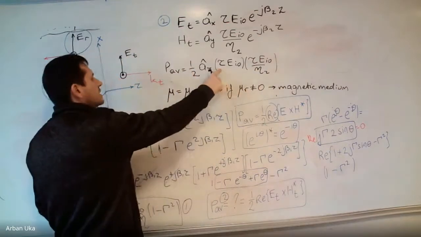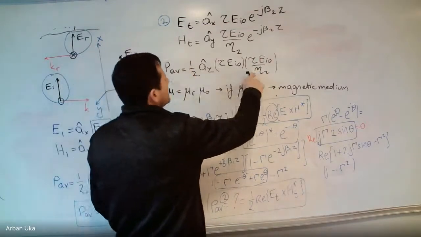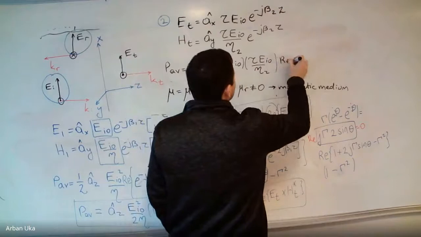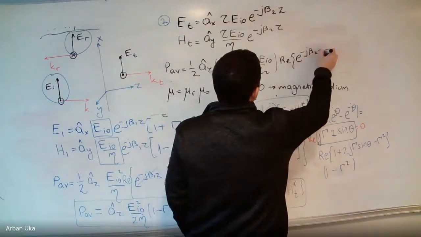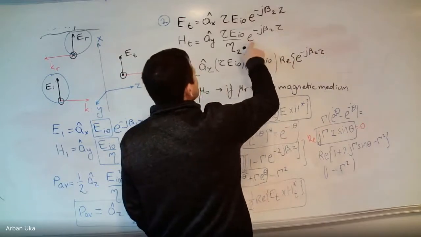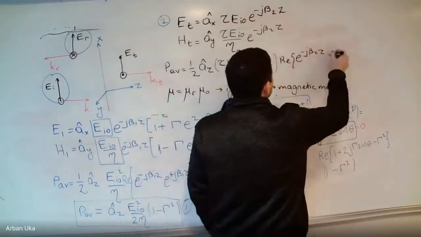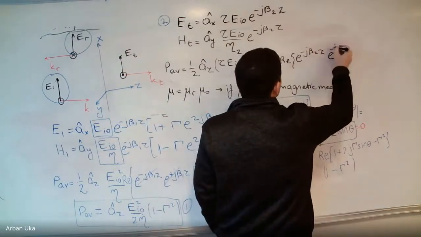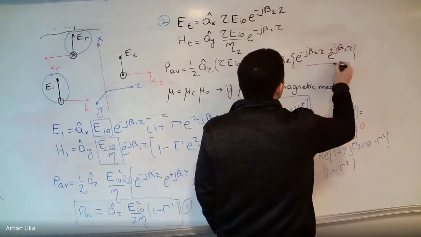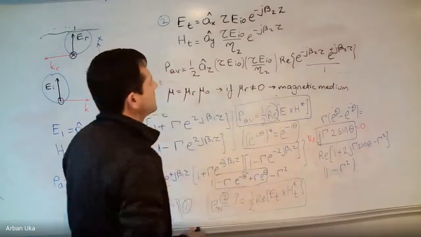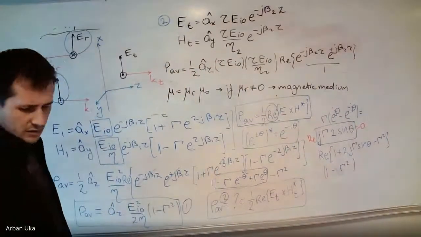So amplitude of the electric field times the amplitude of the magnetic field times the real part of e to the power minus j beta 2z times its complex conjugate, e to the power plus j beta 2z. So this is equal to 1. The real part of 1 is just 1, okay?